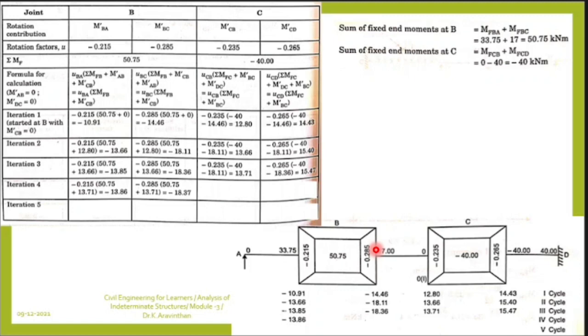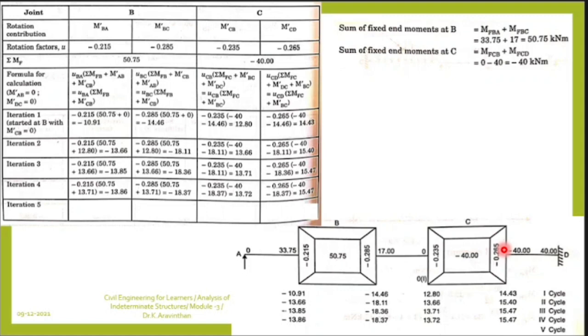Next one, minus 40 minus 18.36 into 0.235. 13.72. And last one, minus 40 minus 18.37 into 0.265. 15.47, yes.